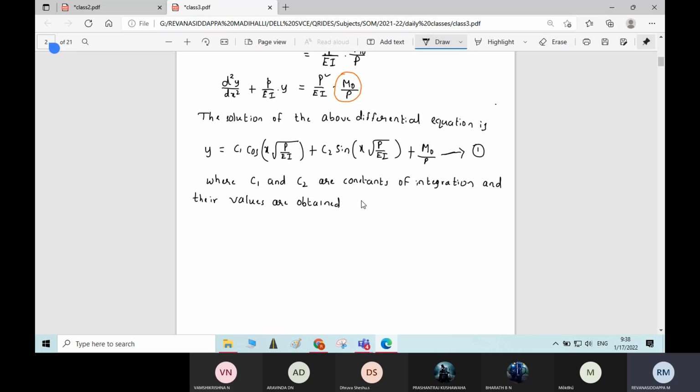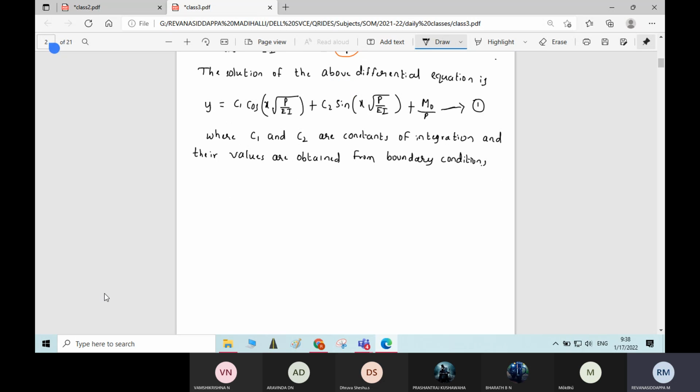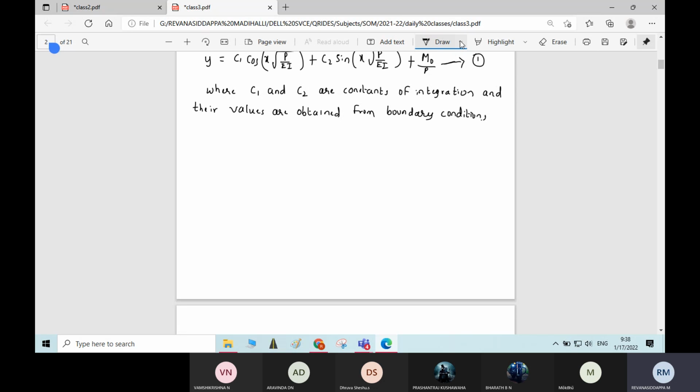So how to obtain the values of the constants? From boundary conditions. Now coming to the boundary conditions.